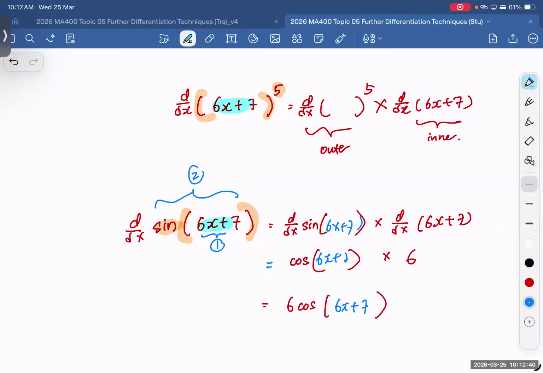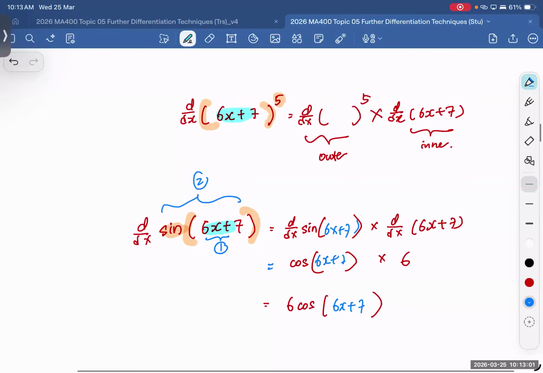Okay, good. Timothy, differentiate tangent 7x. 7 secant square 7x. Okay, you all understood well.